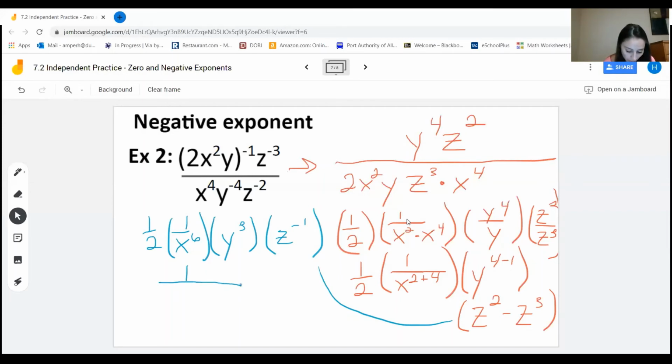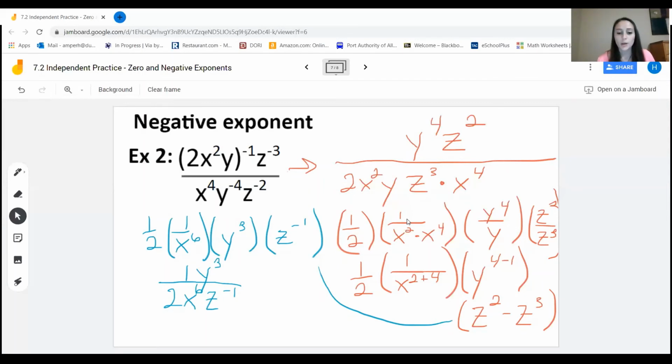What's left in the numerator is our y to the 3. It doesn't matter if you write the 1 or not, because everything that doesn't have a coefficient, the coefficient is 1. 1 y to the 3 over 2 x to the 6th, z to the negative 1.